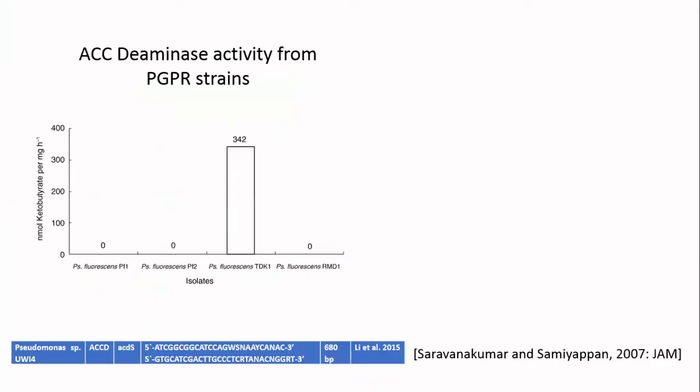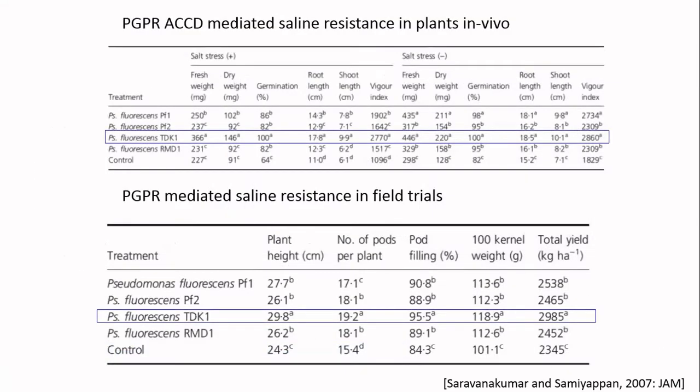And this is my work done a few years ago. We identified the strains which possess ACC deaminase activity using the enzymatic as well as the PCR assay. Then we tested those strains against strains that do not possess ACC deaminase activity.